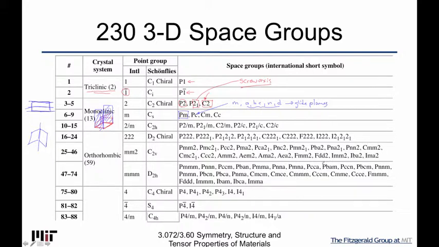And so you'll see them scattered through here. There's some D's, some M's, a B and an A. So when you see something like that, that's a glide plane.